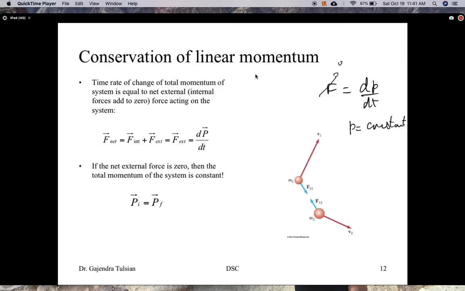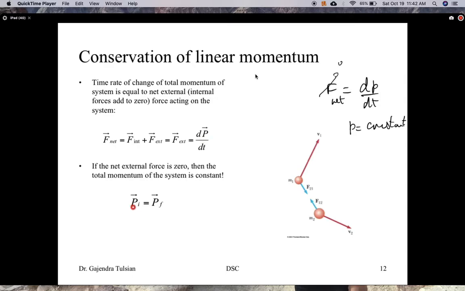Again, this is net force. All net forces are internal forces plus external forces. Internal forces always add up to zero in a system. And so we'll consider situations where the external force on a system is zero, so dp by dt will be zero.